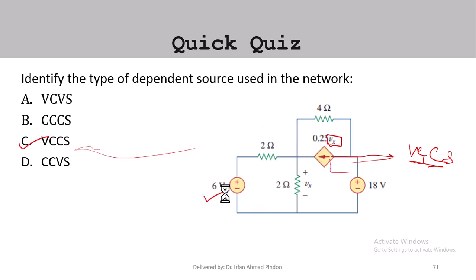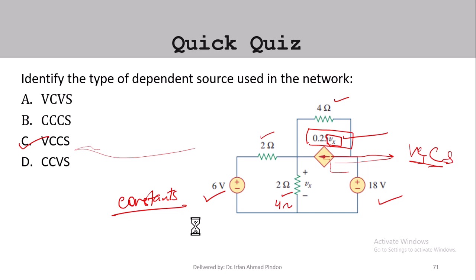Now see, this 6 volt and this 18 volt are constants. These values are never going to change whether you change the value of this resistor or this one. But you see, this 0.25 Vx is a dependent source; its value is not constant. Why? Because if this value changes from 2 to 4 ohm, then Vx will also change. If Vx changes, then this value will also change. So that is how they are different.